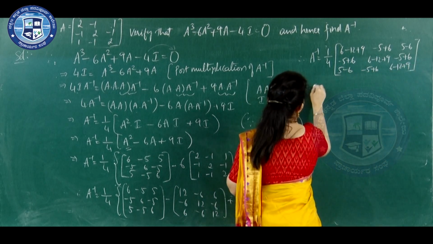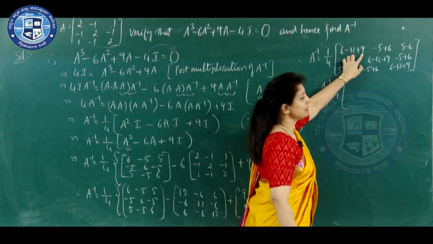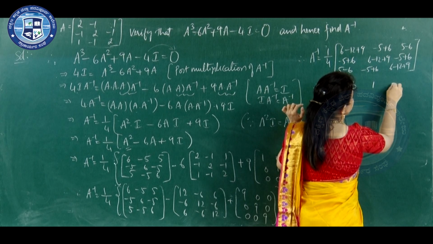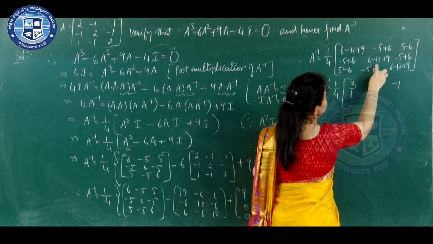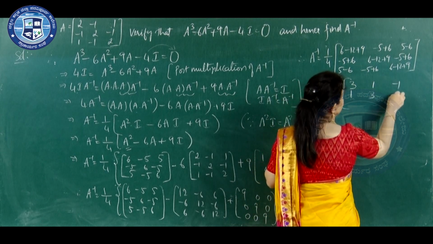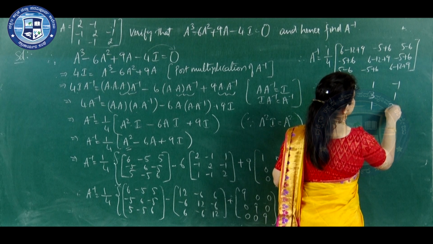What do we get? Therefore, A inverse equals 1 by 4 into 6 plus 9, 15 minus 12, 3, 1, minus 1, 1, 3, 1, minus 1, 1, 3.